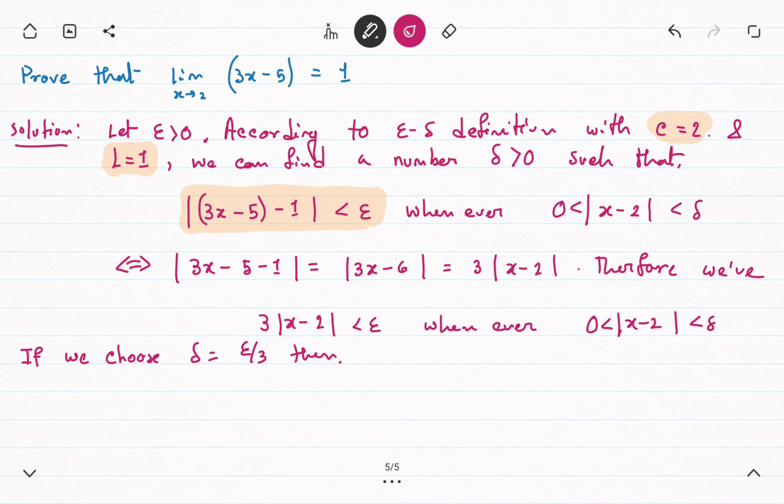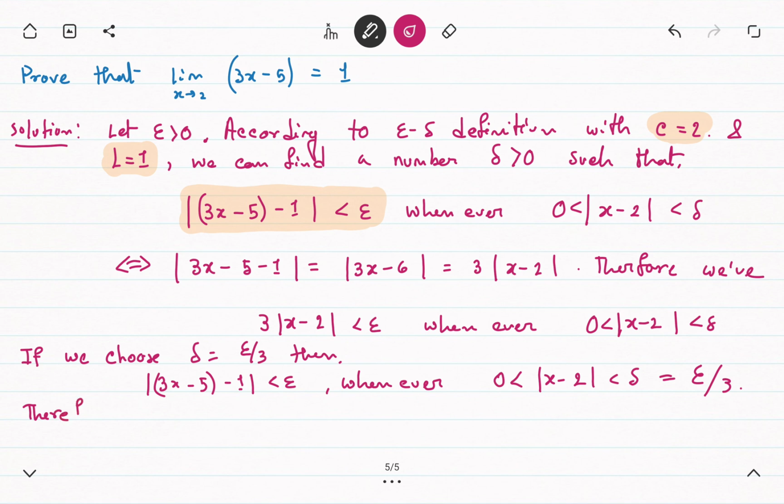Then |3x − 5 − 1| is less than epsilon whenever 0 is less than |x − 2| less than delta, which will be satisfied, and it will return this.